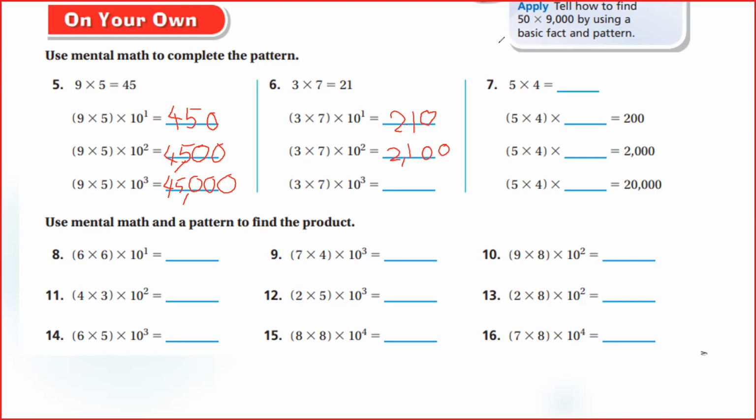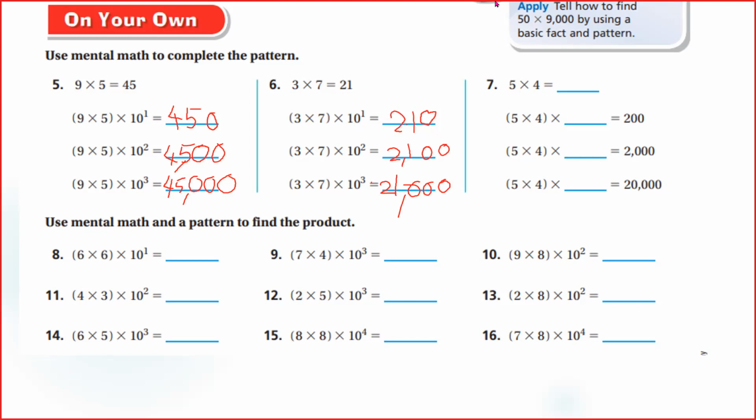So now it's 2,100. Now the last one here, 10 to the power of 3. How many zeros do you have to add? 3 zeros, bravo. And then 3 times 7, 21. So the answer is 21,000.